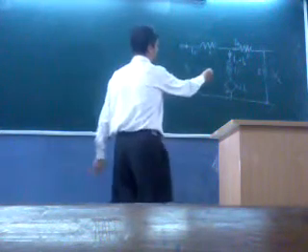So we use the first loop. For the first loop now, what is the case? V1 is equal to I1 plus I1 plus I2 minus 2I1, or plus 2I1?